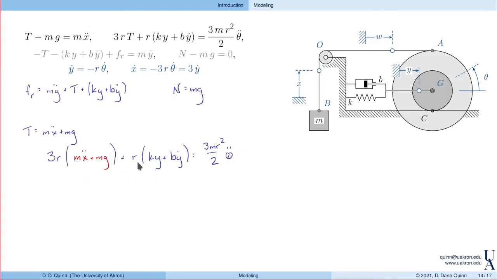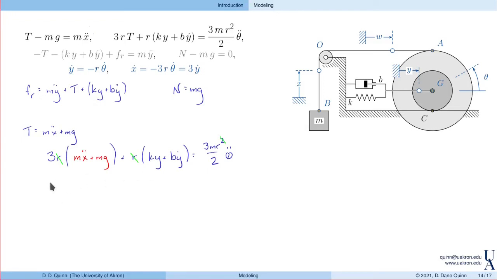So I'm actually going to go ahead and do a little combining here. I'm going to put all the acceleration terms together, and then I'll kind of put everything else together. Before I do that, though, I am going to factor out an r from every single one of these terms.